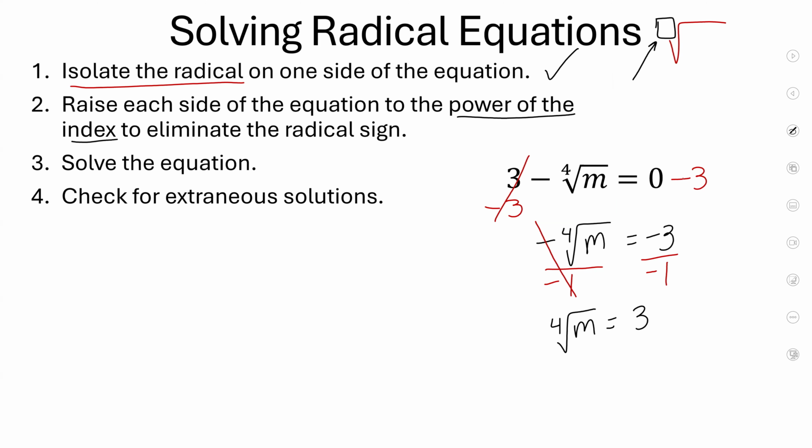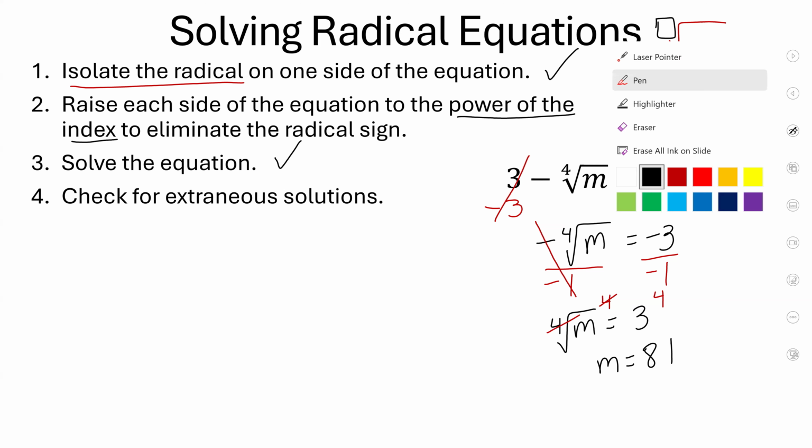So I'm going to raise each side of the equation to 4. What this does is it cancels out the radical. So I am left with m equals, what is 3 to the 4th power? 81. And that was me solving the equation.